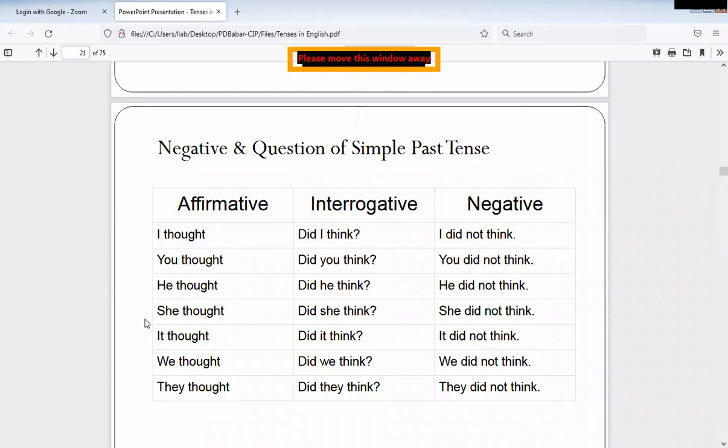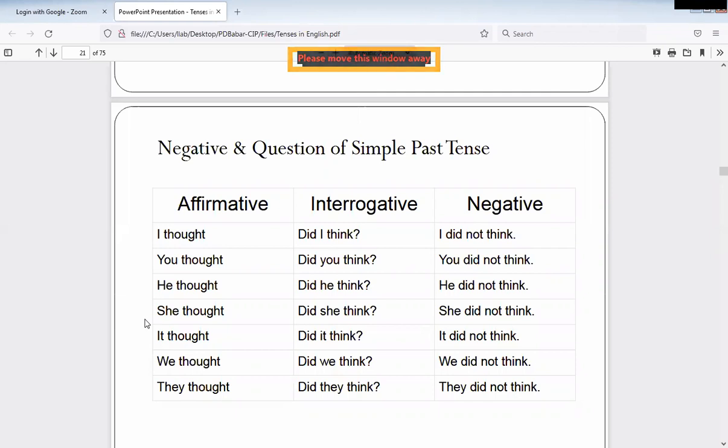We thought is the affirmative, then its negative is we did not think, and its interrogative is did we think? If they thought is the affirmative, then its negative is they did not think, and its interrogative is did they think?